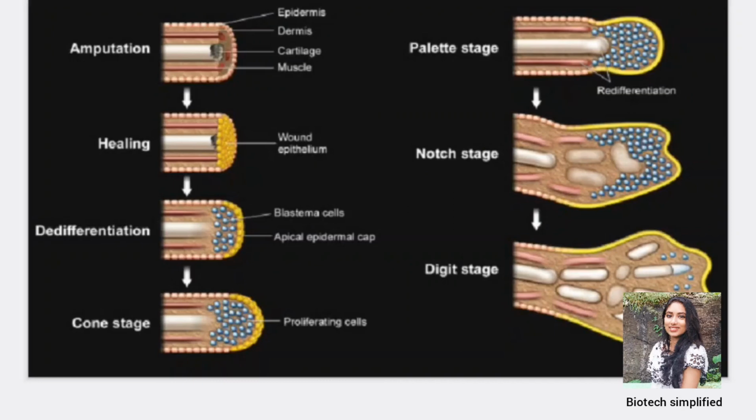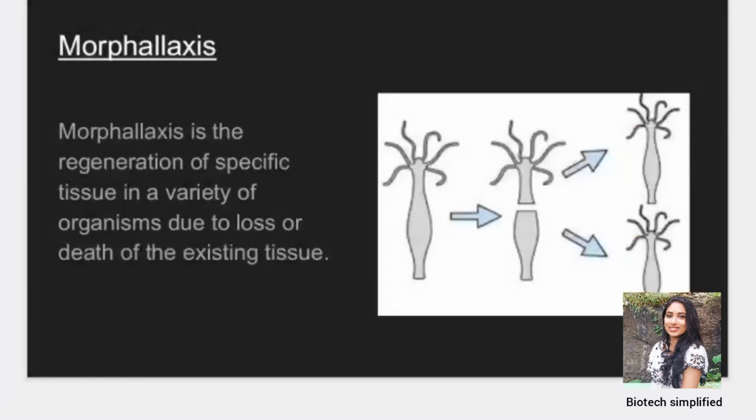It also requires nerve cells so that regeneration happens. Apart from the nerve cells, it also requires retinoic acid, which is needed for axis development, and FGF8. Redifferentiation occurs and the lost parts are restored. You understood what epimorphosis is.